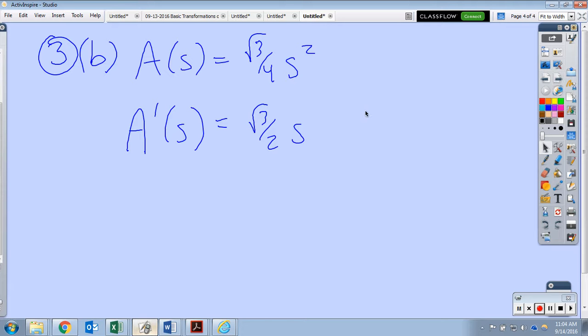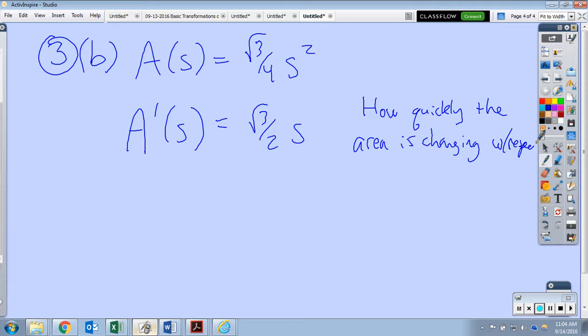Let's write that, we'll finish with that. And this is how quickly the area is changing with respect to change in the triangle's side.